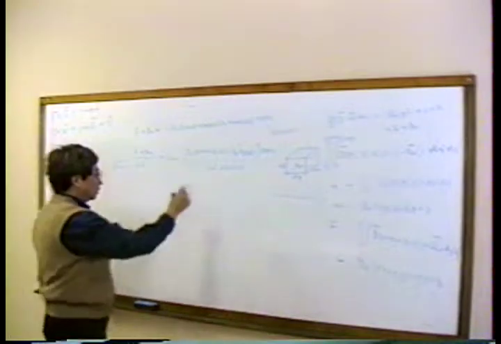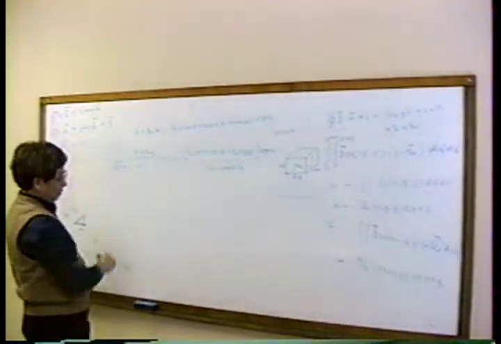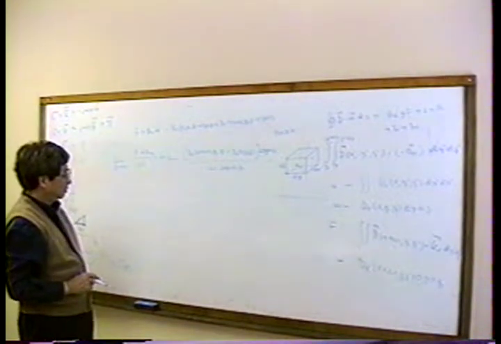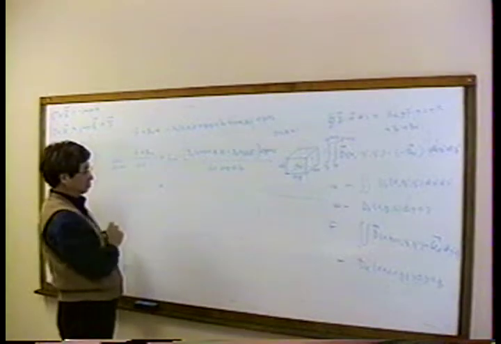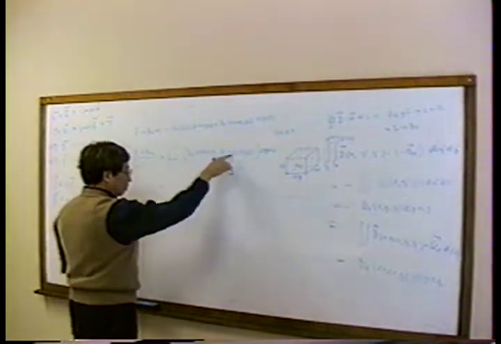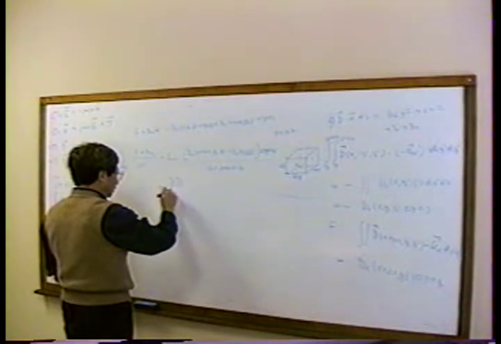So delta y, delta z cancel out. This limit is the same thing as a derivative, in this case a partial derivative because only delta x changes. So this is equal to partial d by dx of D_x.